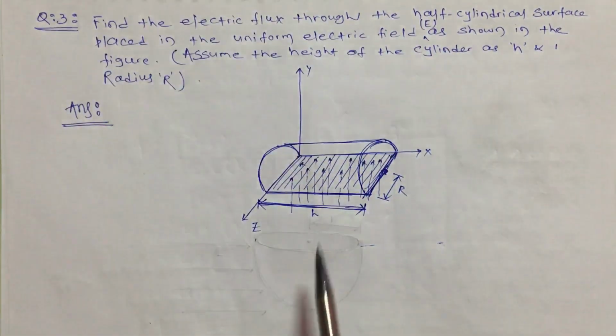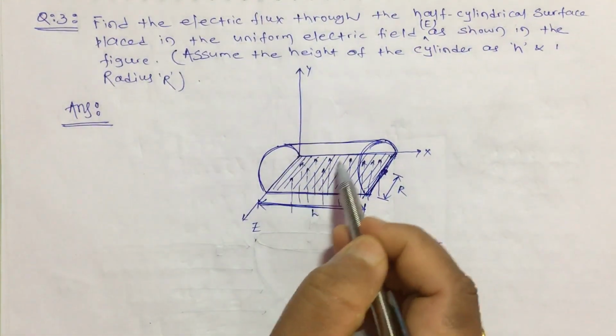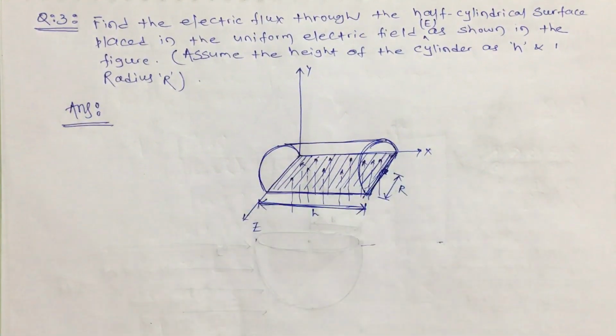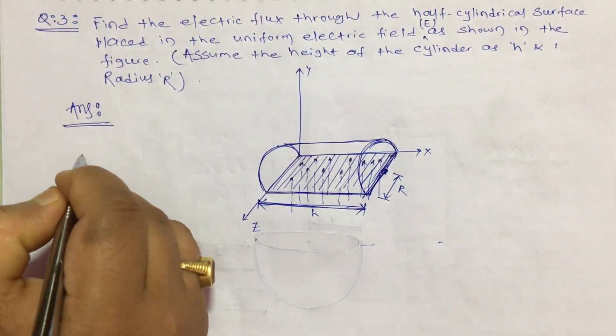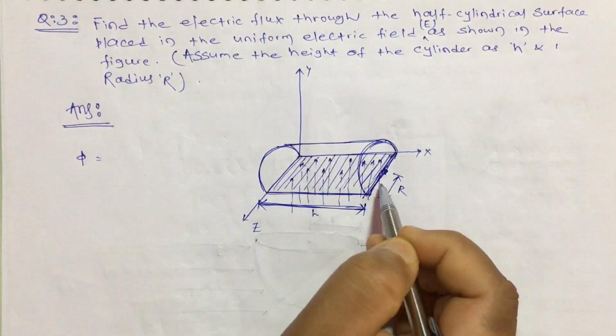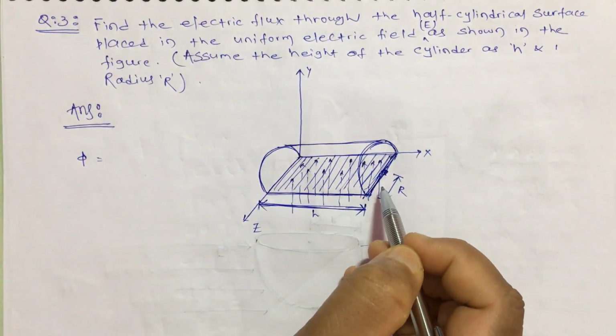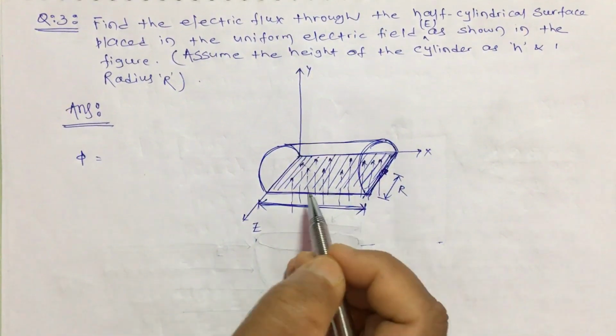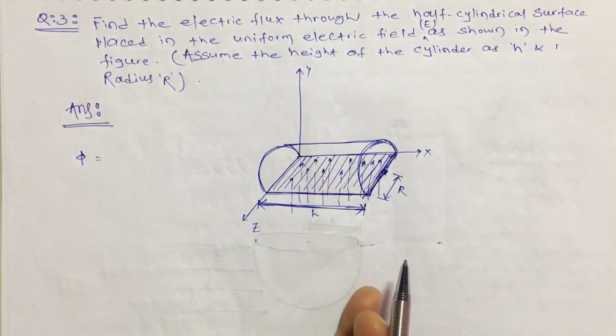So, here also only this surface is going to be visible. So, obviously as we know the formula, I can tell this surface is the projected area in the perpendicular direction of the electric field for this half cylinder.